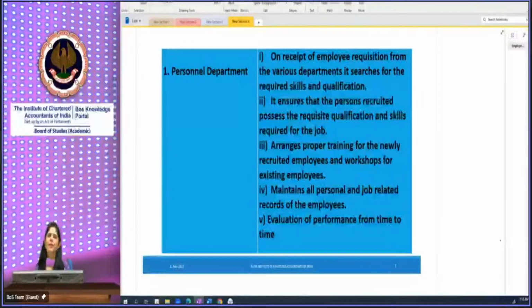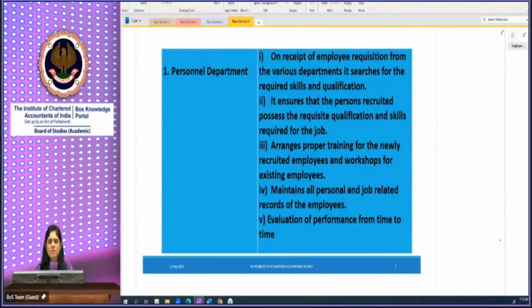So personnel department will see what qualification that storekeeper should have, what knowledge he should have, what experience he should have, and accordingly then they advertise that. So all those applications for the post of storekeeper will come. So everything is done by personnel department, which we call HR department.